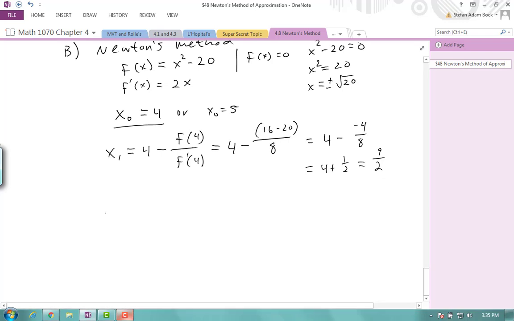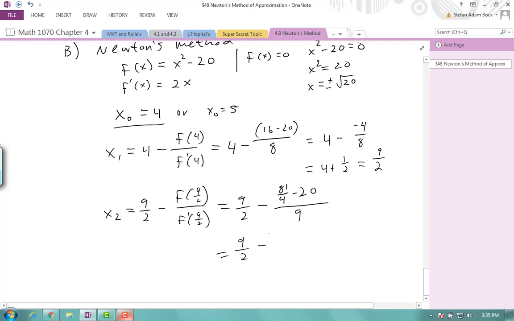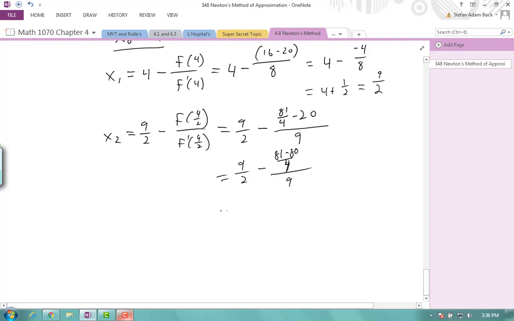So let's try this again. X sub 2 would be equal to 9 over 2 minus f of 9 over 2 over f prime of 9 over 2, giving me 9/2 minus 81 over 4 minus 20. Good heavens. Divided by 2 times 9 over 2, which is 9. So that's 9 over 2 minus 81 minus 80 over 4, all over 9.